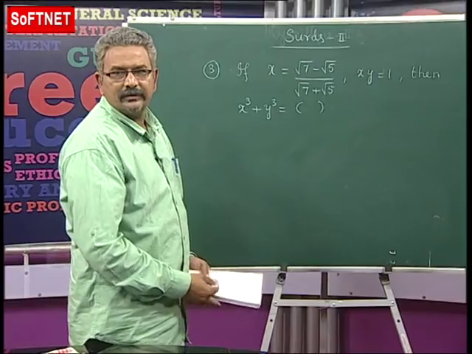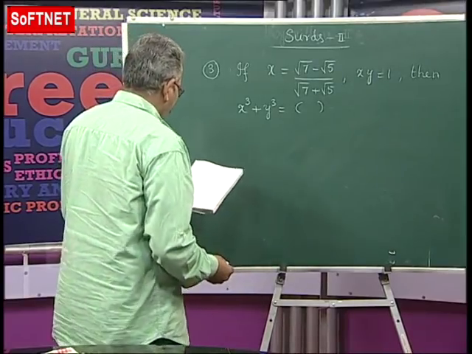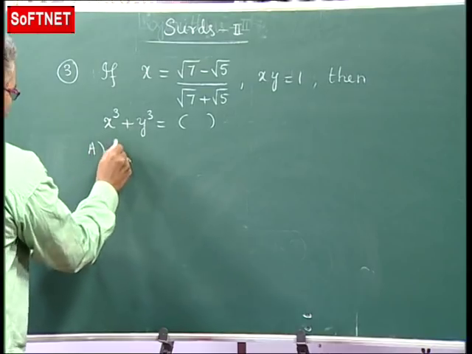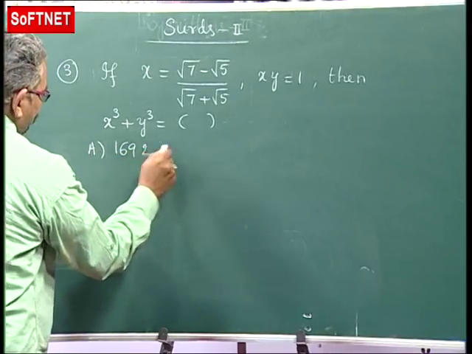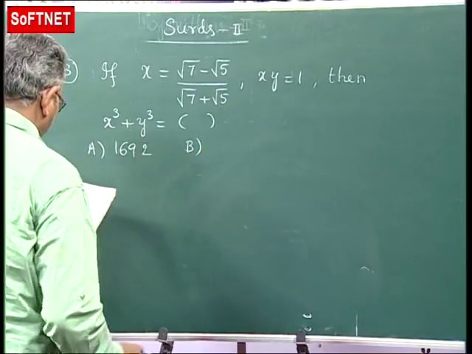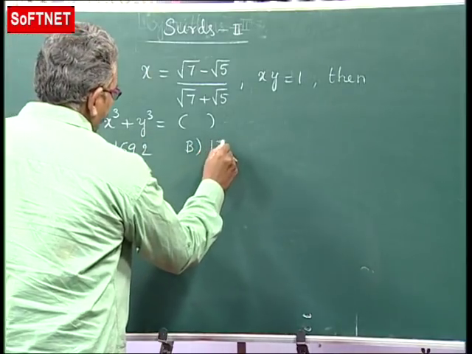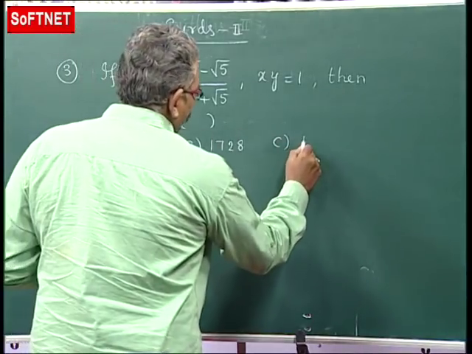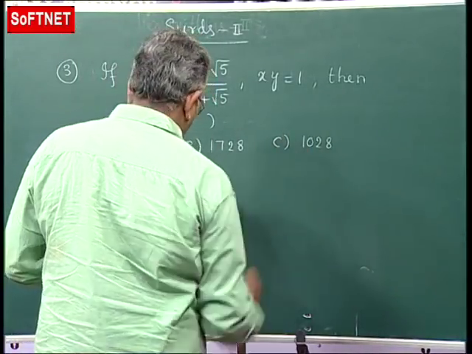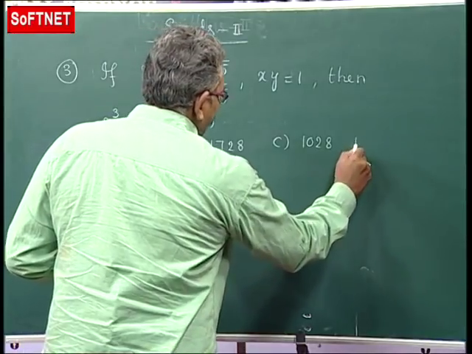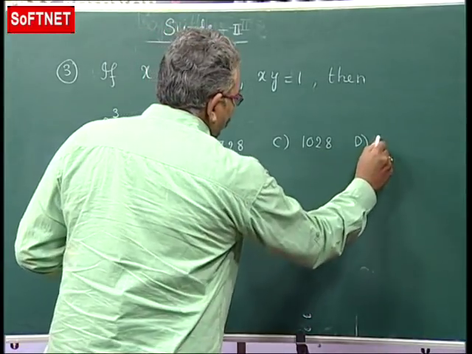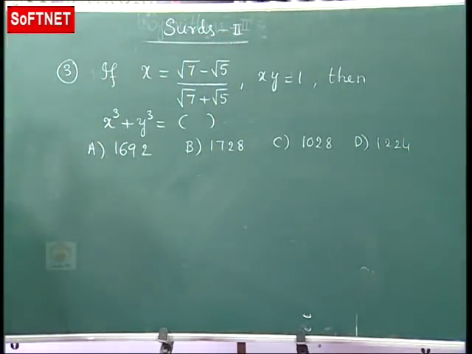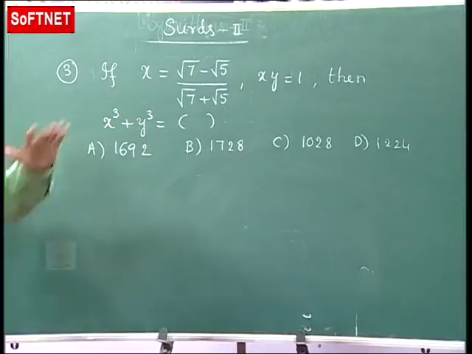The options are: A, 1692; B, 1728; C, 1028; D, 1224. Okay. So, let us do it.